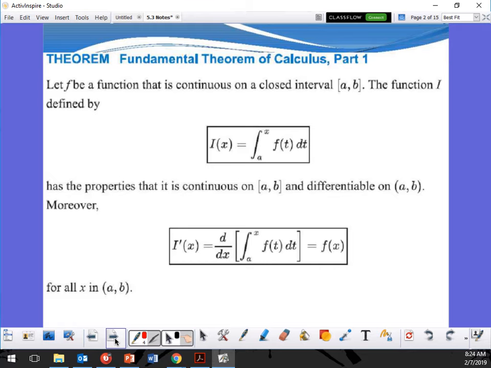So now, this is the integral. But if we're taking the derivative, which is I prime, the derivative of the integral, it should be top minus the bottom, where it's actually just going to be f of x after I'm done.